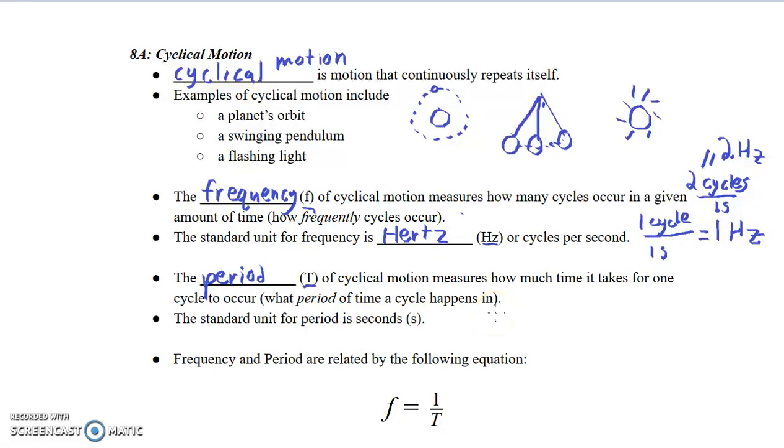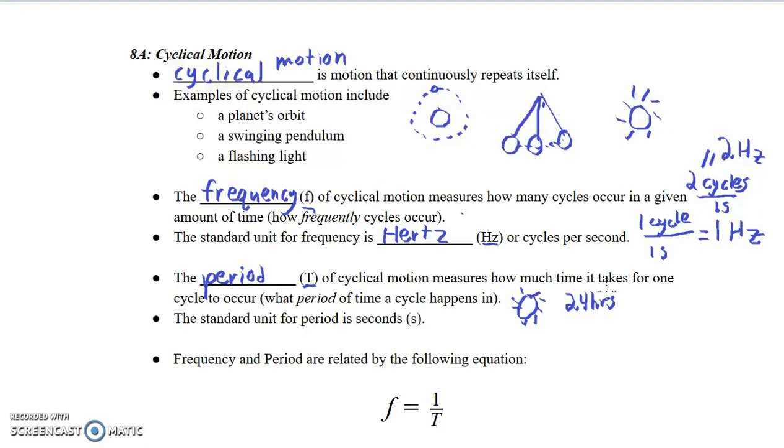So let's give an example. Think about the sun rising. When does the sun reach its highest point in the sky? That happens once every 24 hours. So the period of the sun hitting its highest point in the sky is 24 hours. That's the period.